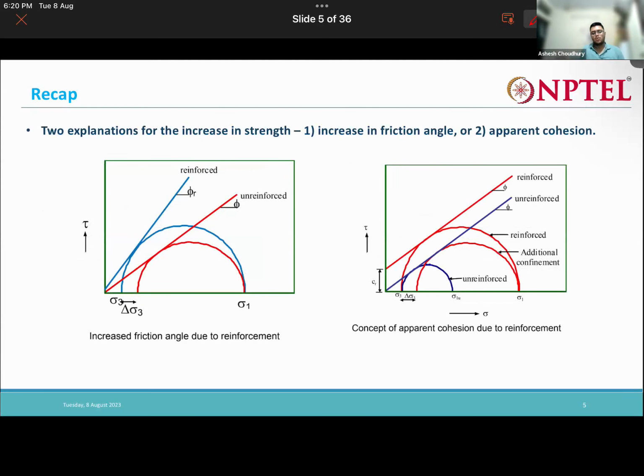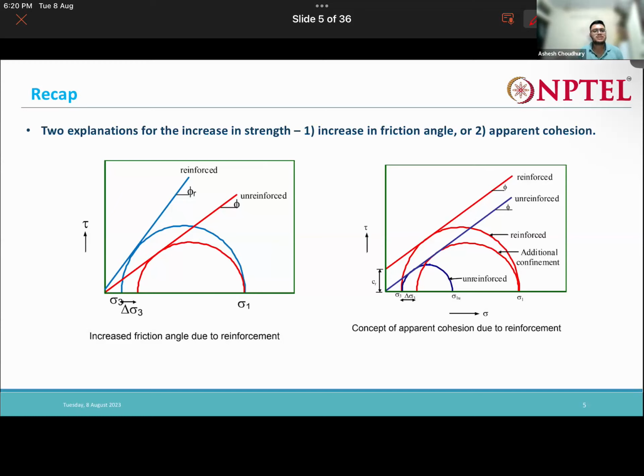Okay. Now the increase in the strength. We just now saw that if we reinforce the soil specimen, the friction and the strength of the soil is going to increase, correct?